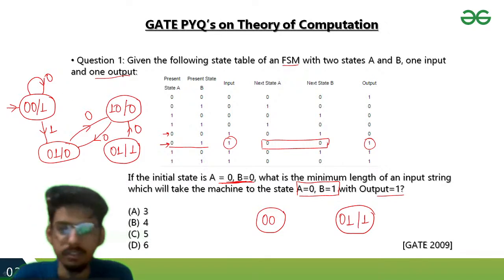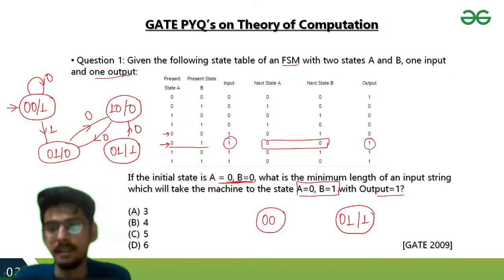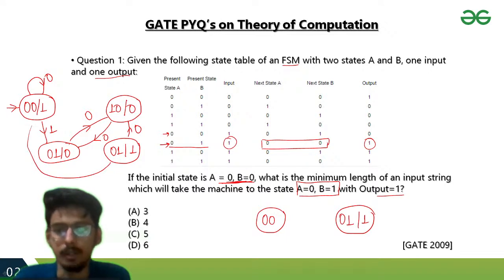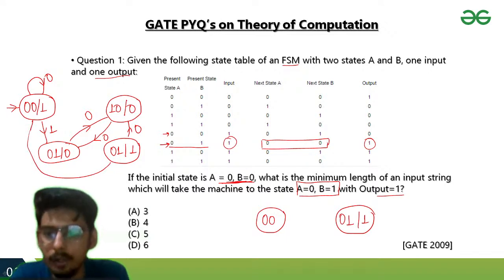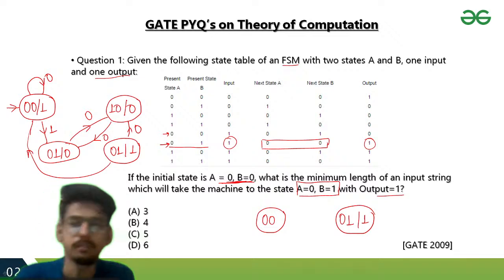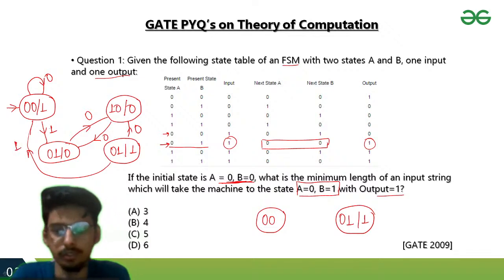So whenever I see a 1, I will move from here to here. Let me draw it properly. From any of these 0 1s, I will go to 0 0 only. Okay, now let's see this 1 0.